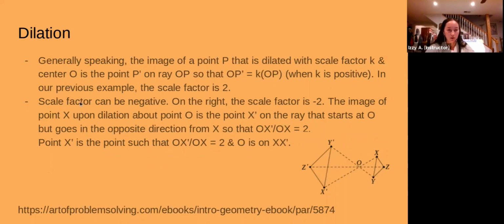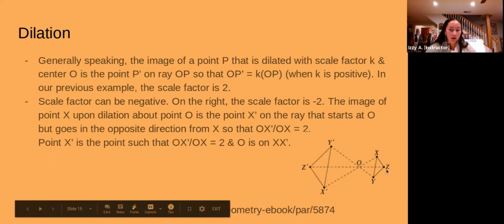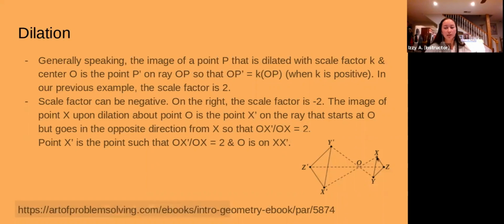At the same time, though, the scale factor can be negative. On the right, the scale factor is -2. The image of point X upon dilation about point O is the point X' on the ray that starts at O but goes in the opposite direction from X, so that OX' divided by OX is equal to 2. You can see that this is moving from right to left.